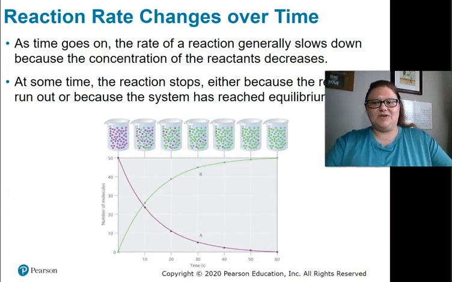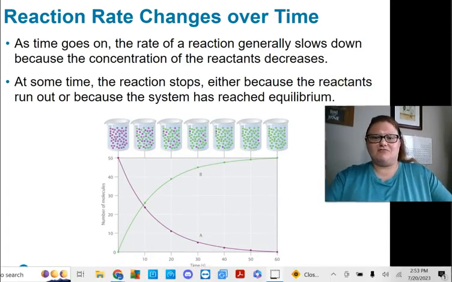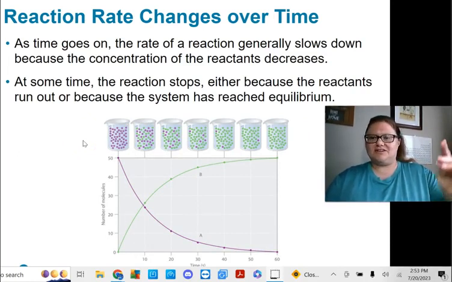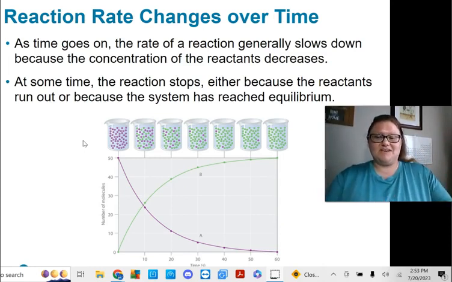All right, I really like this picture because it's just a graphical way to show you how a chemical reaction takes place. A lot of folks initially think, oh, a chemical reaction just happens like that. We go bang from reactants to products and that's it. No, it's a gradual process, and the time can be different.